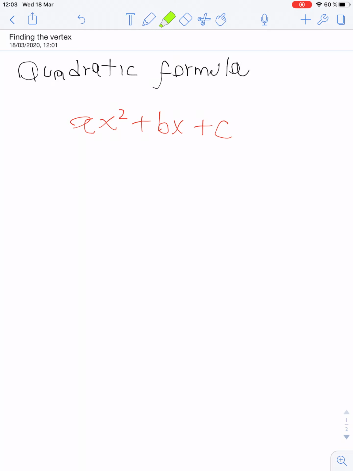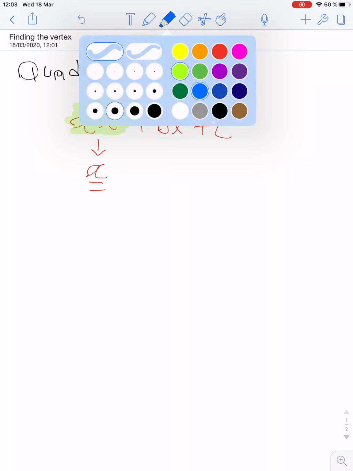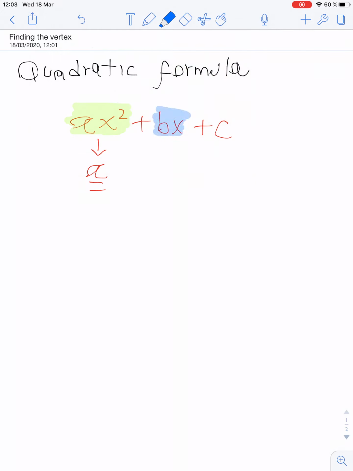Now we are going to identify the different parts of a quadratic equation. The first one is the expression that contains x squared, and a is its coefficient. We have bx, where b is the value for the term that contains an x. And finally, we have c, which is when we have only a number.